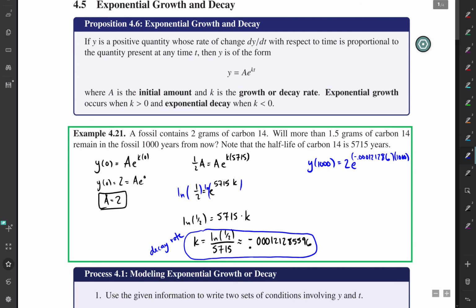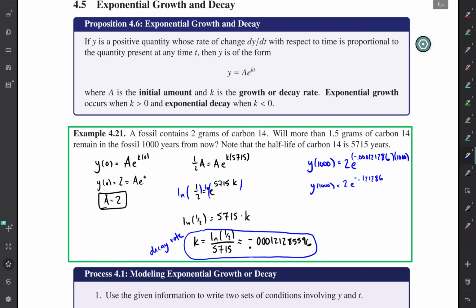So y of 1,000 equals 2e to the negative 0.121286, because 1,000 times something with 3 zeros out in front just shifts everything over 3 places.